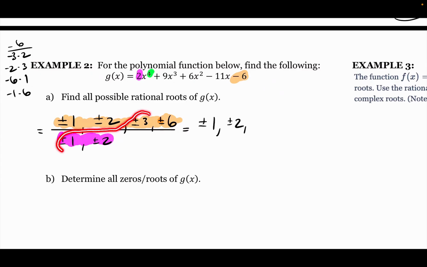Divide these two guys now. Positive and -3. And the last one, positive and -6. I multiplied all of the orange with positive and -1. Now I got to divide all of the orange with positive and -2.